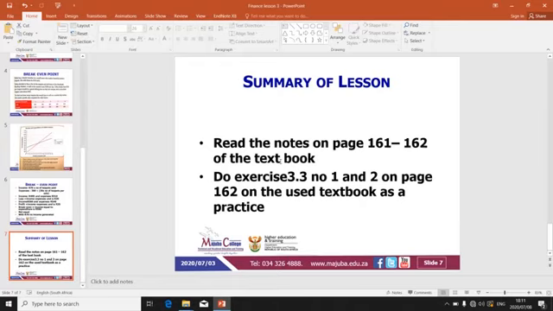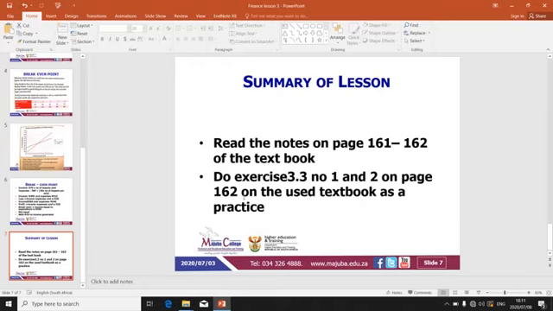The notes are on pages 161 to 162 of the textbook that we are using, the level 3 hands-on mathematical literacy textbook.